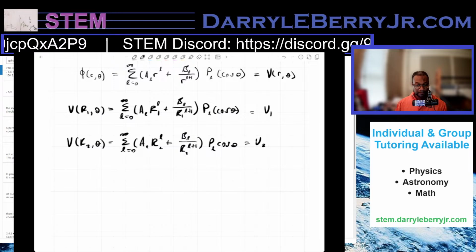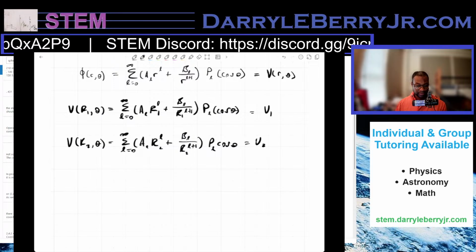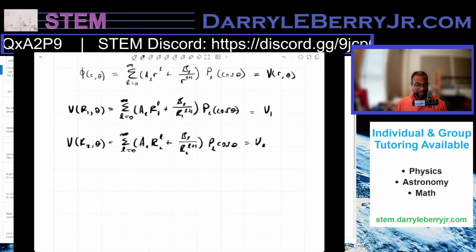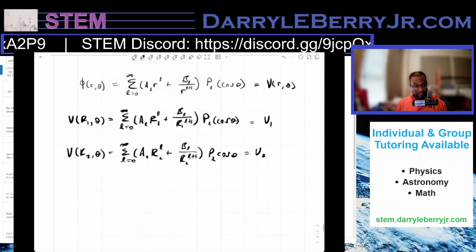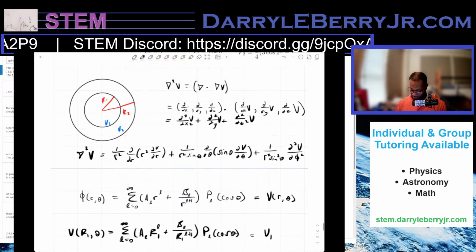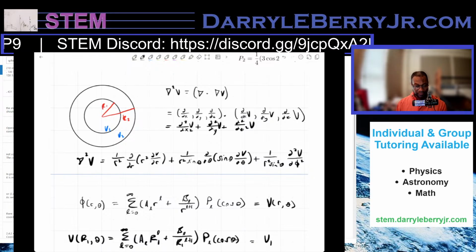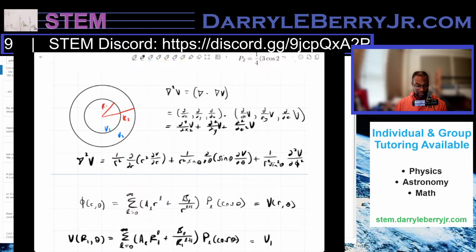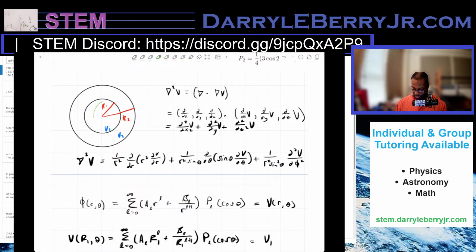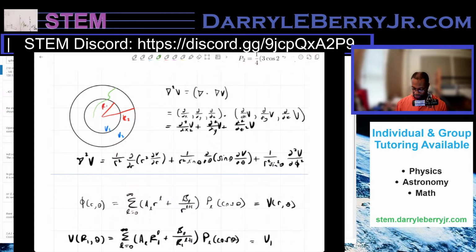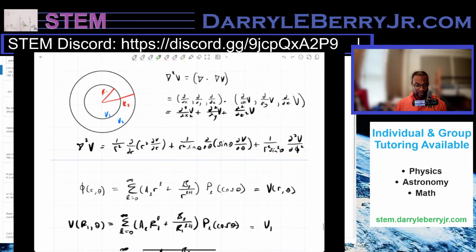And one thing we can note is that the potential will be constant at the boundaries. So at the boundaries at R1 and at R2, it'll be constant, so that there will be a continuous transition between potentials between these two barriers, right?